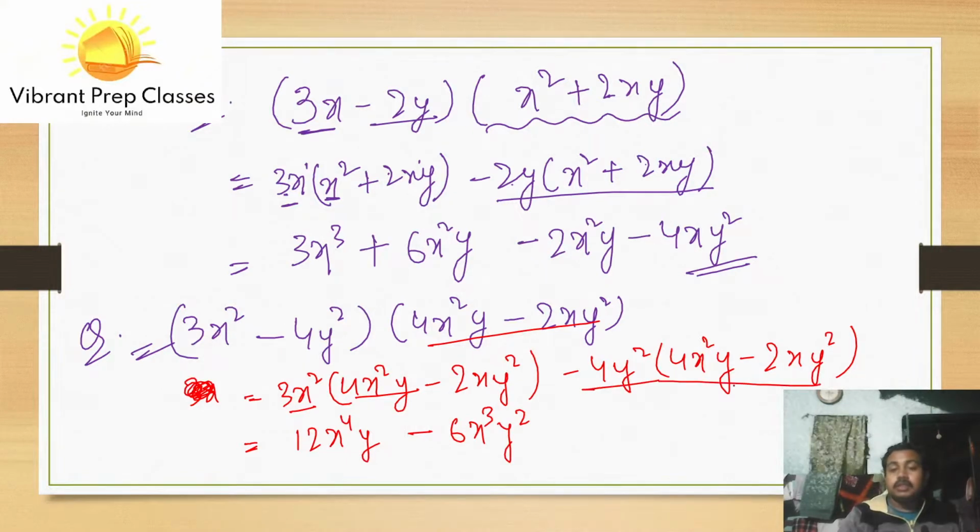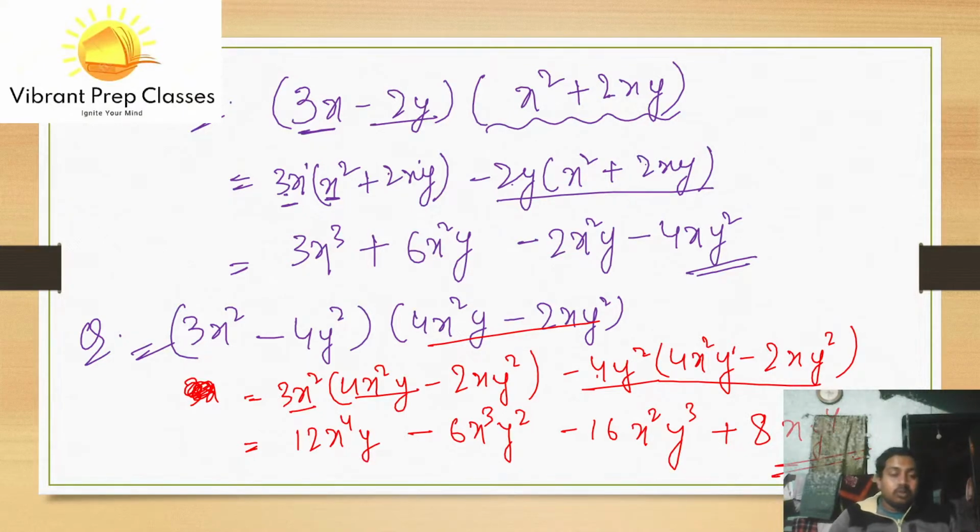Then we multiply these two, minus 4y² with 4x²y. So minus 16x², and y² and y¹ is y³. Then minus minus plus, 4 twos are 8xy⁴. So it was quite easy.